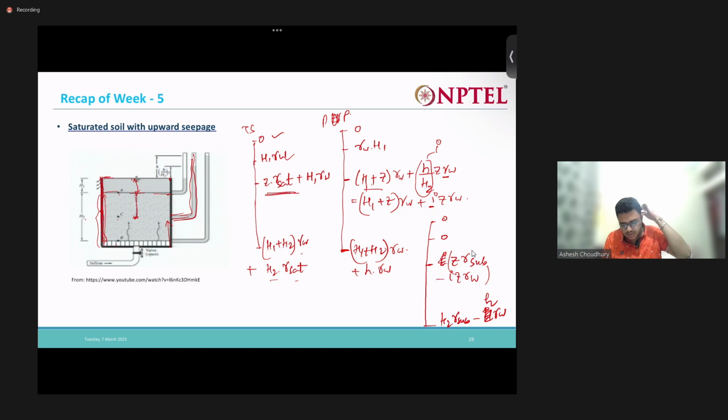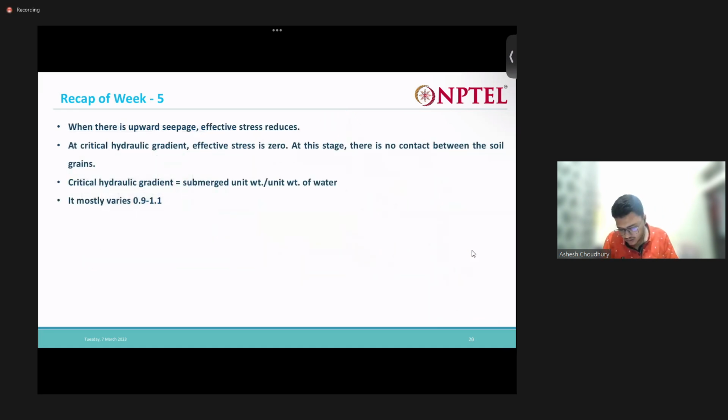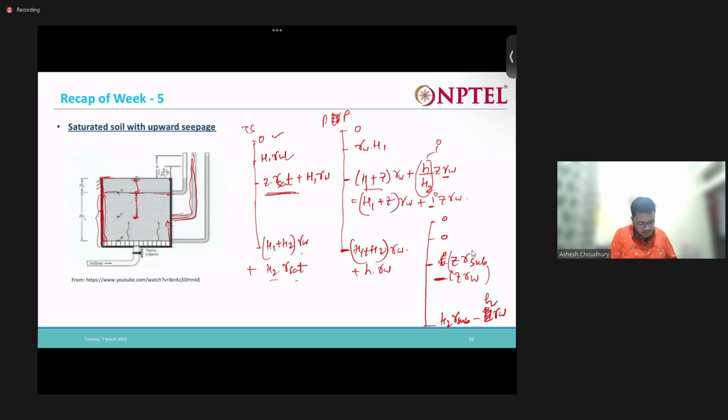Plus. It will be plus here. Here this one you are getting minus, na? This will be plus. Wait, I don't know, I will just see. Downward seepage you are telling, na? It is actually there in the book. I will just do it for you.